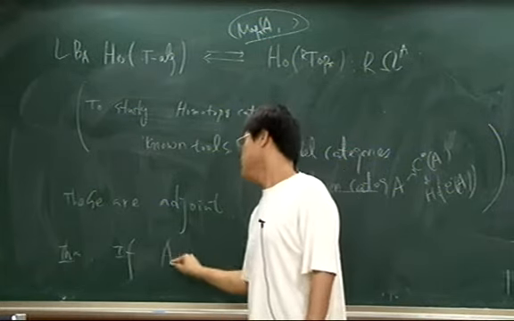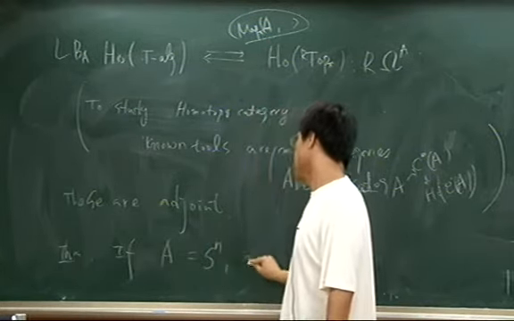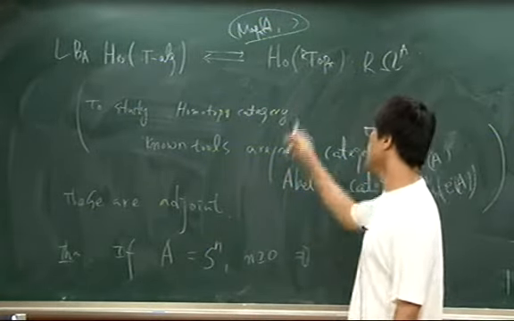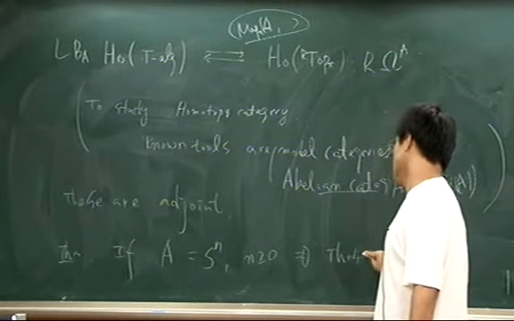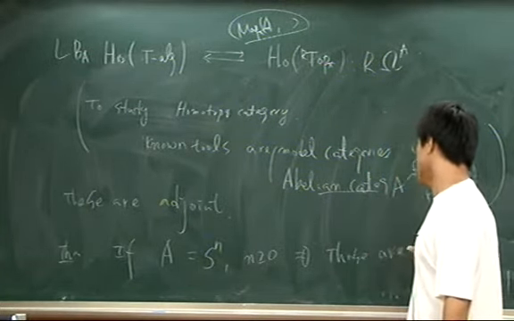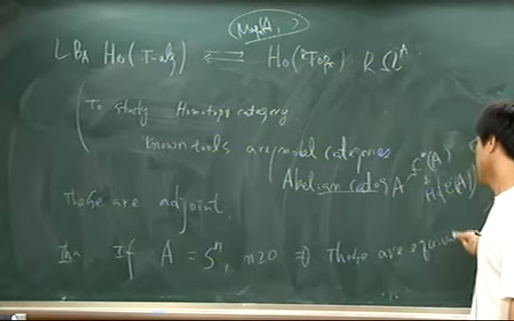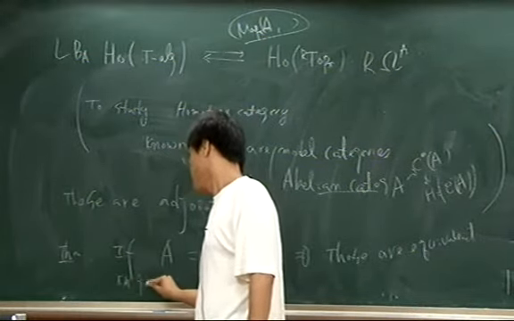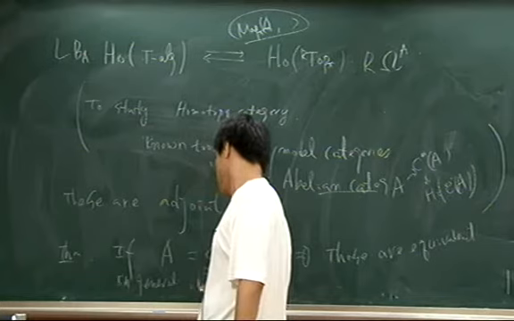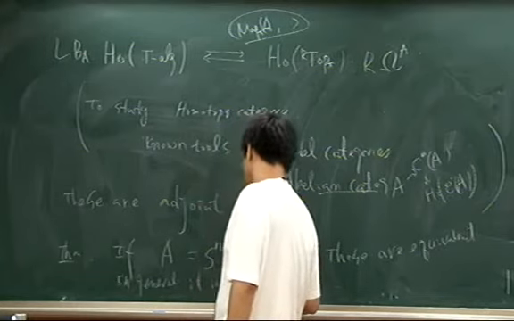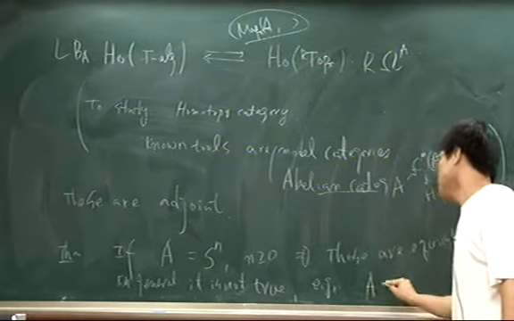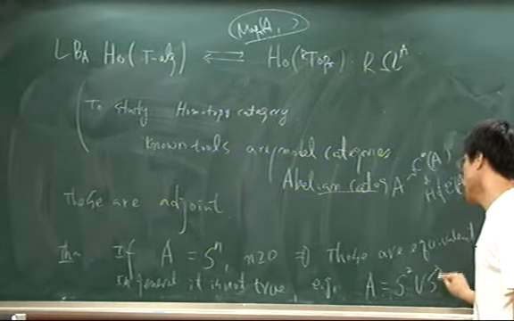But if A is like Sn, the n-spheres, then what I can say is those are equivalent. Okay, but in general, it's not true. For example, if A is S2 wedge S3, then it is false.